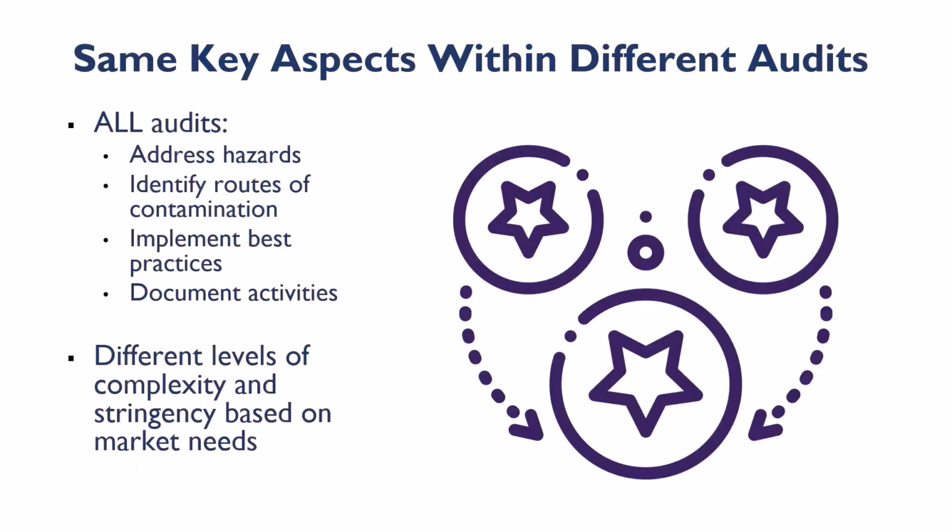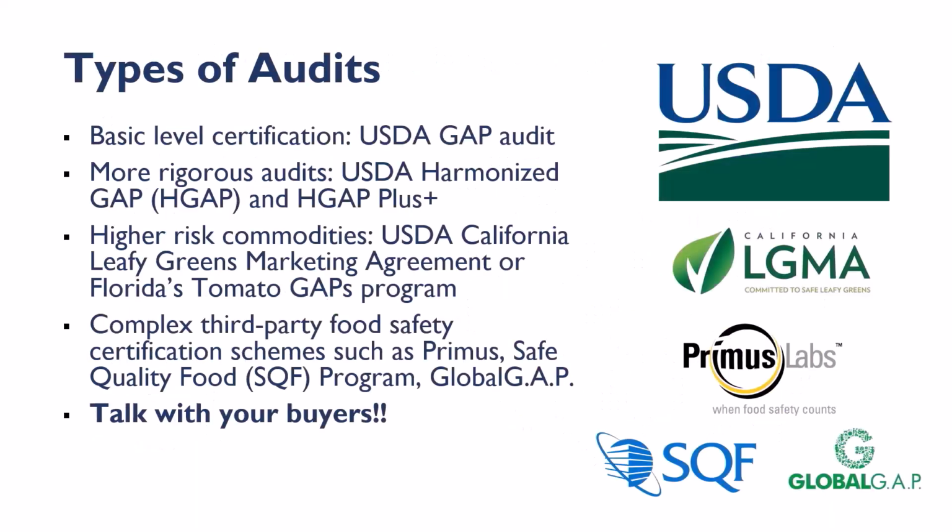Remember that while all produce food safety audits address hazards, identify routes of contamination, implement best practices, and document activities, there are different levels of complexity and stringency between audits. Those differences are driven by market pressures and trends in the produce industry.